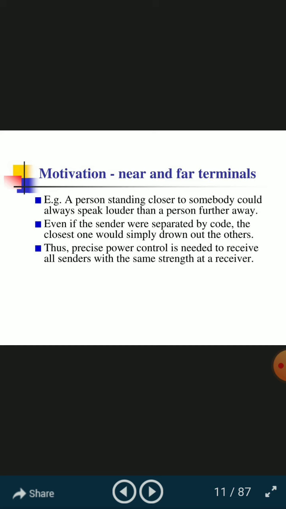Even if the senders were separated by code, the closest one would simply drown out the others. All of you understood? Thus precise power control is needed so that the receiver gets all senders with the same strength.